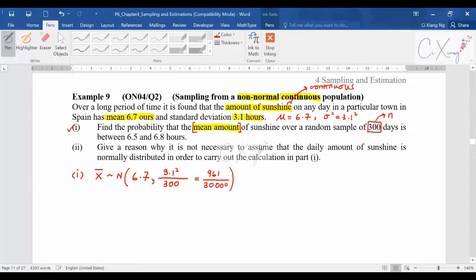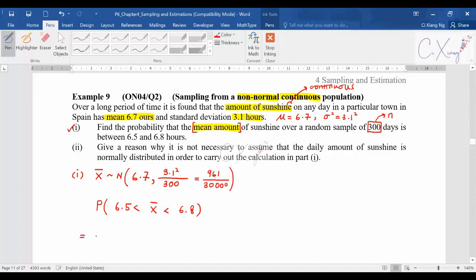So this is the distribution of my sample mean. After that, they want us to calculate the probability that the mean amount is between 6.5 and 6.8. You want to find the probability for 6.5 until 6.8.